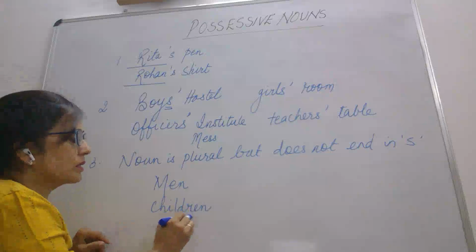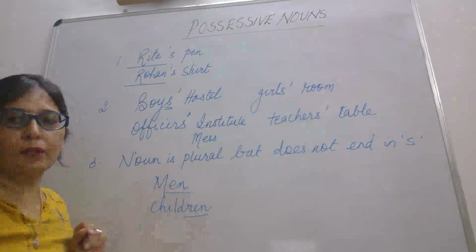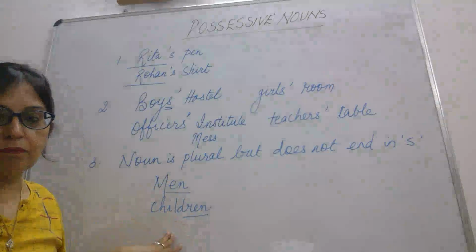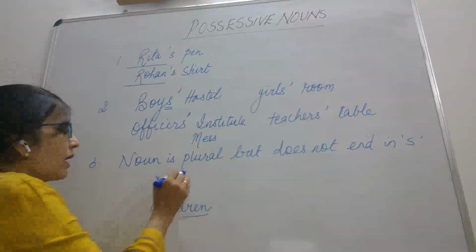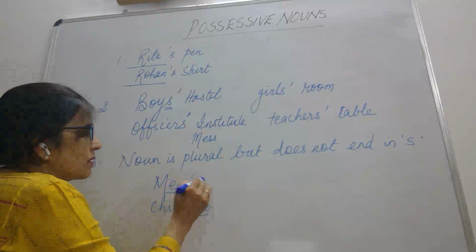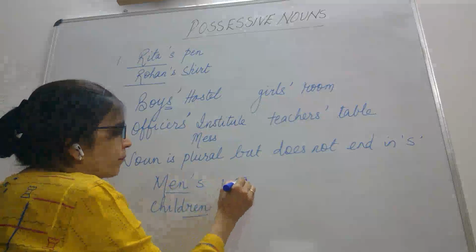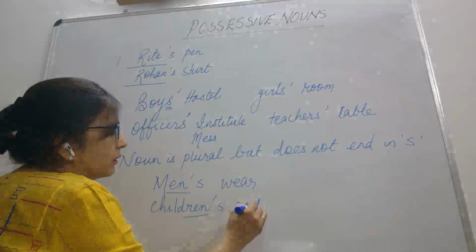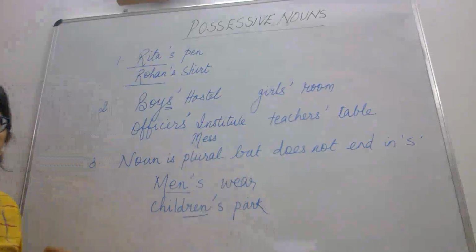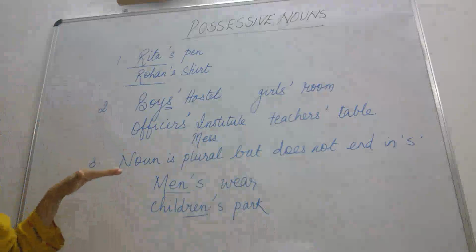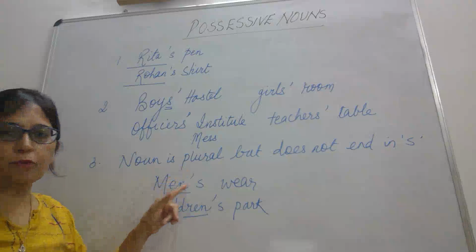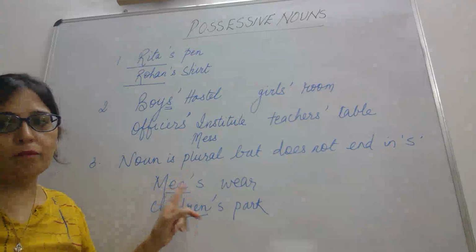These are words that are plural, but they do not end in S. So how do we make it possessive? By adding apostrophe S. Men's wear, children's park. Okay, this is rule number 3. This is plural but does not have S in it, so we just put apostrophe S.